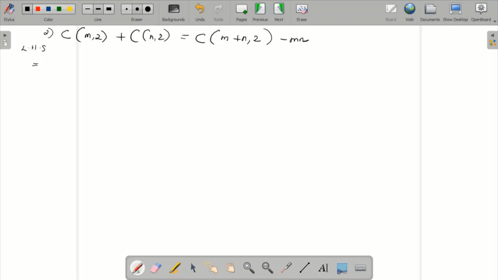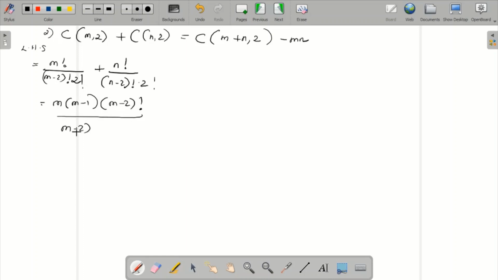So when I solve LHS, what I'll get is m factorial divided by m minus 2 whole factorial into 2, that is 2 factorial, which is 2 itself, plus n factorial by n minus 2 factorial into 2. You can write 2 factorial itself, fine. So here it would be nothing but m into m minus 1 into m minus 2 factorial divided by m minus 2 factorial, 2 factorial.